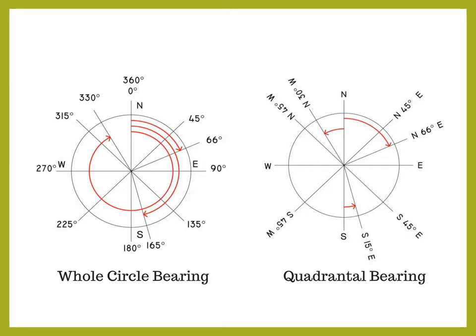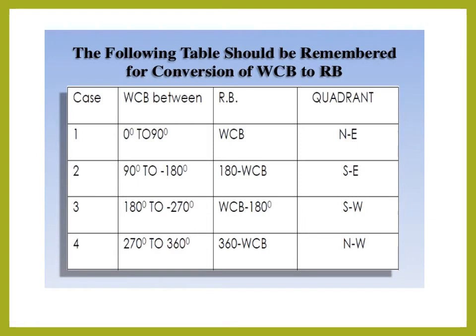Similarly, in the next slide I have given the tables. So now this table explains how we can easily convert the whole circle bearing into quadrantal. If it is located in the first quadrant, we are just taking the whole circle bearing as such as the reduced bearing, but we are giving the quadrant name, north, and north 45 degree east, likewise.